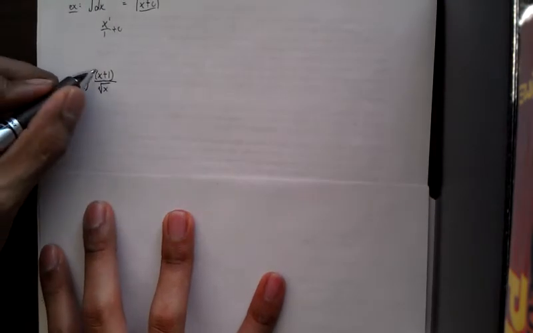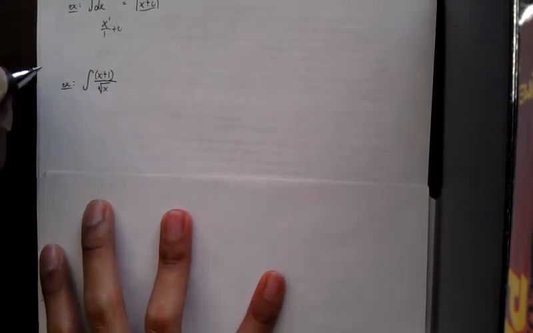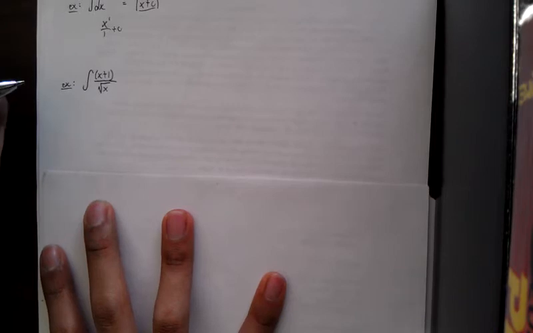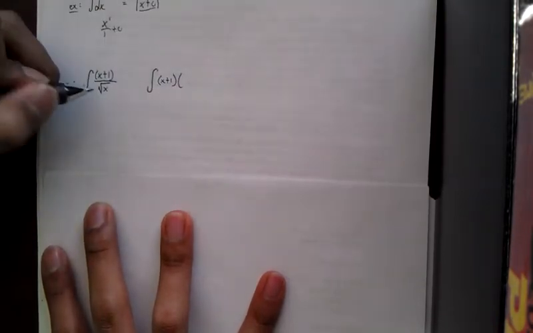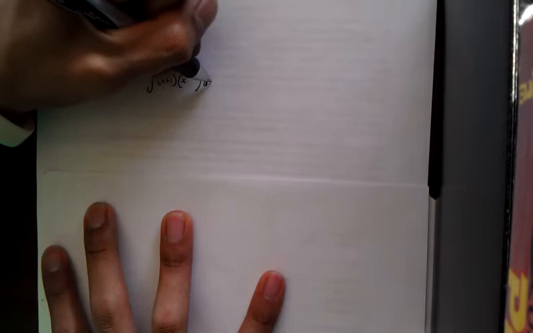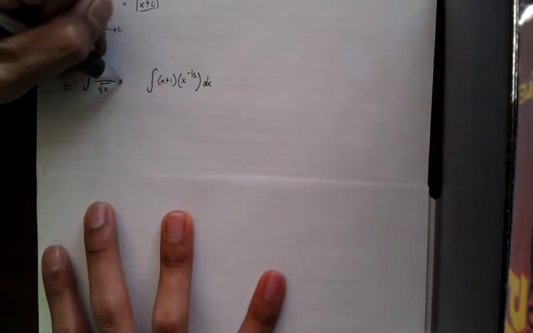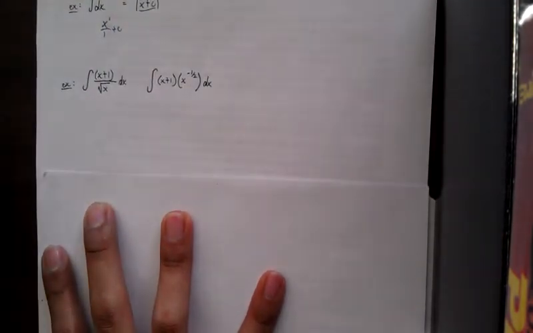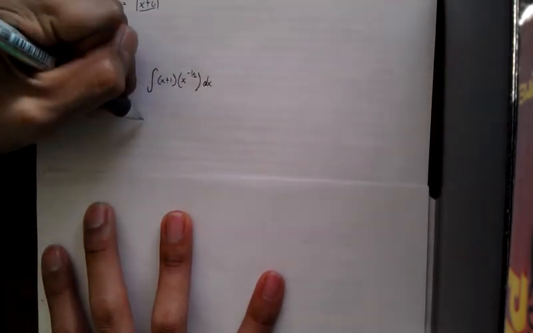Take the antiderivative of x plus 1 over the square root of x. What I would do is just rewrite it, try to get it as a straight line. So x plus 1 times this square root of x can become x to the negative 1/2. And I forgot my dx on that one. And then from here, you can simplify it even more.